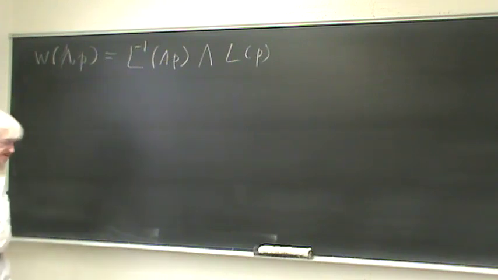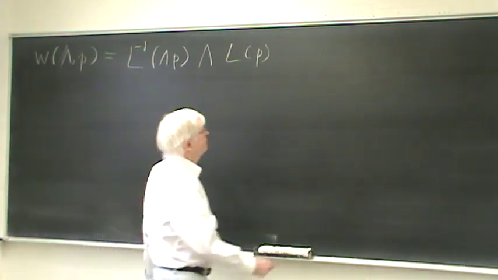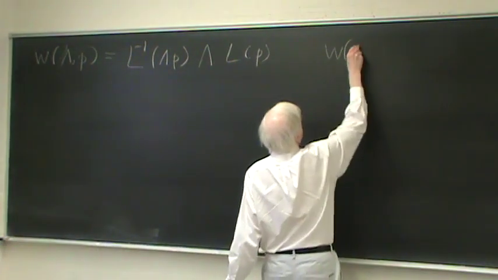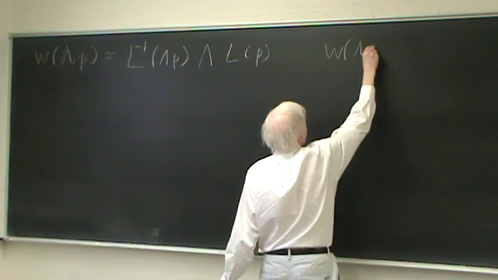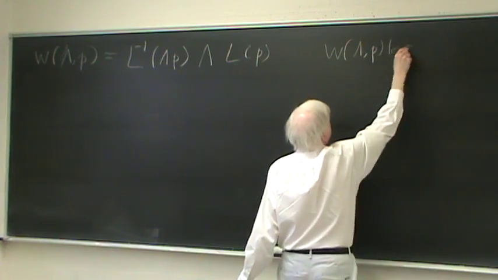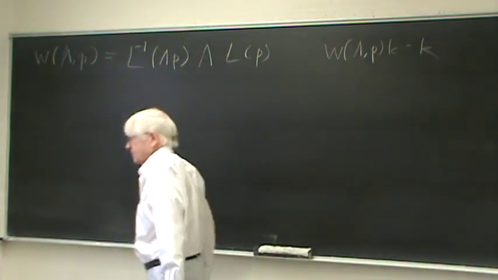In any event, it's a member of the little group, and always W of Lambda and p takes K into K, whatever K happens to be.